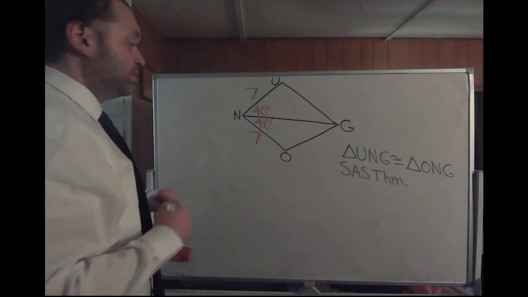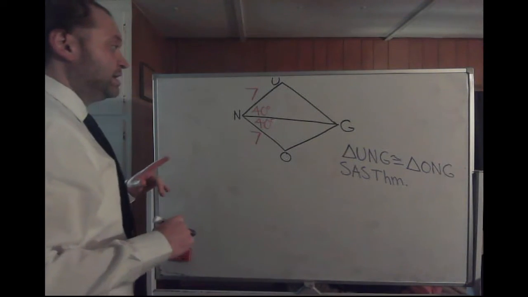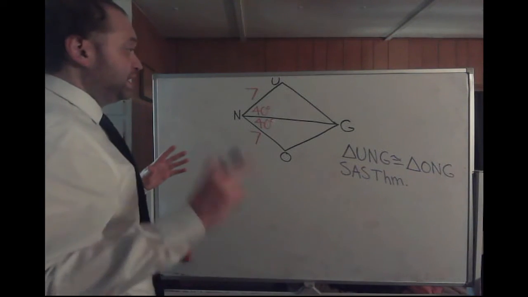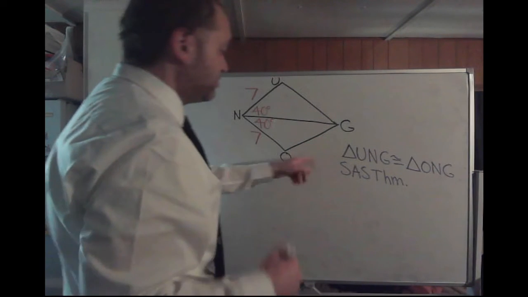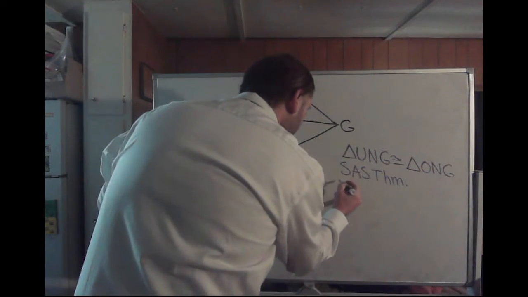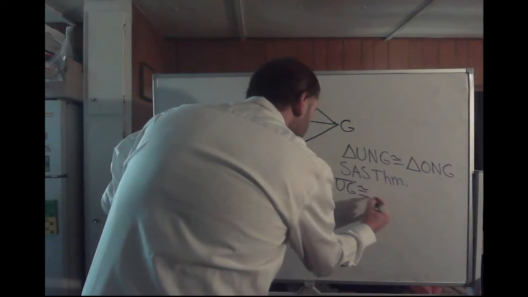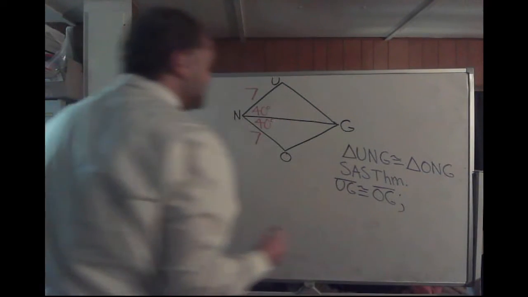And then there's several more things we can conclude. We can definitely conclude then by CPCTC that UG is congruent to OG. So side UG is congruent to side OG. What else by CPCTC?